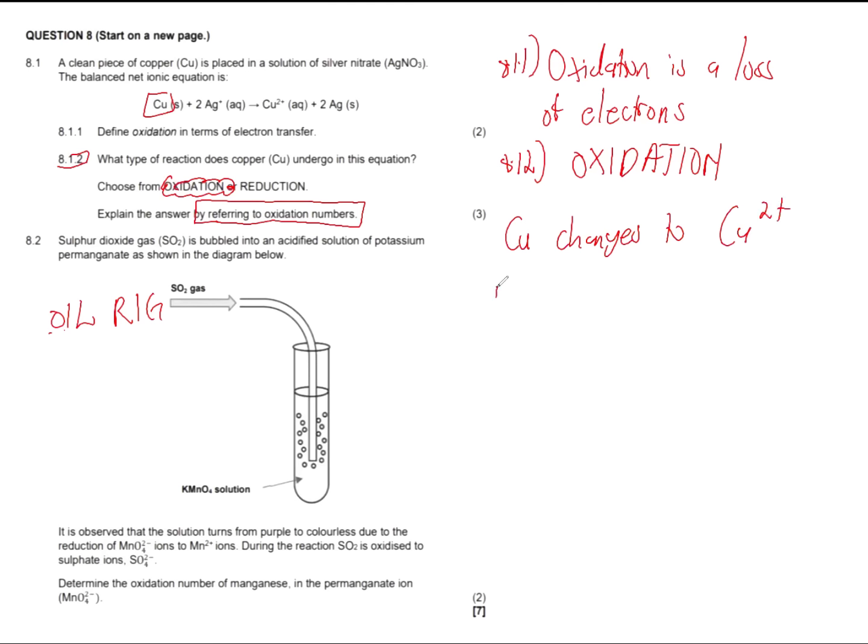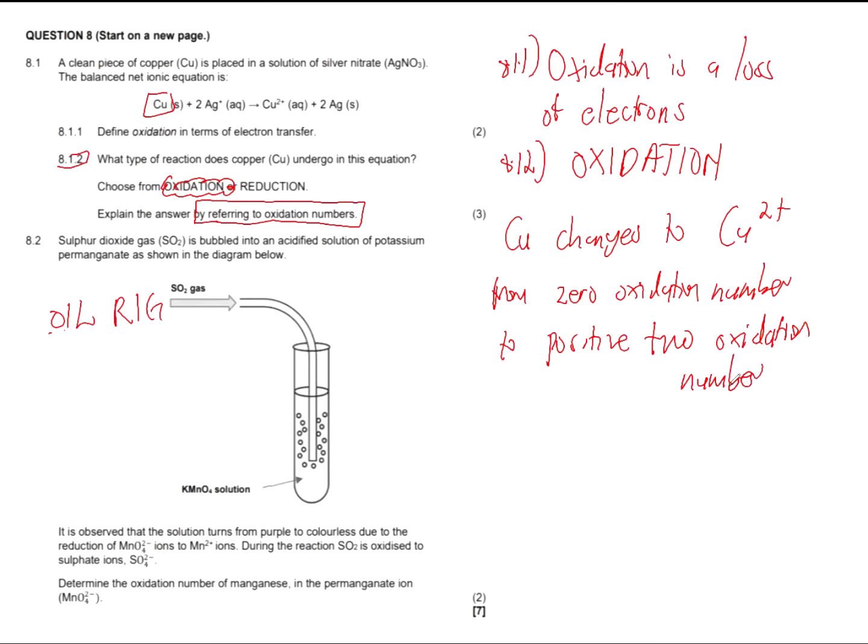So from 0 oxidation number to positive 2 oxidation number. Right. So that indicates what? An increase in oxidation number, which means that it is obviously oxidation.